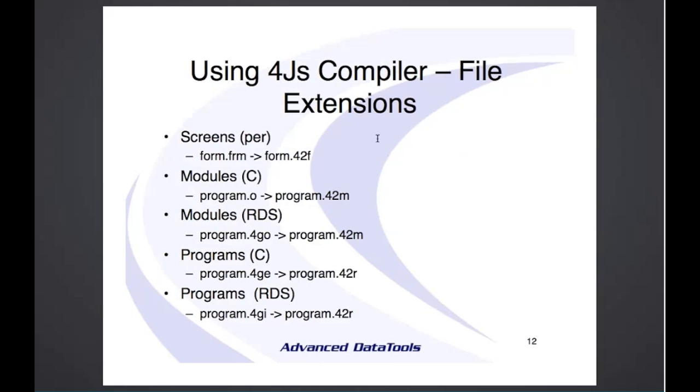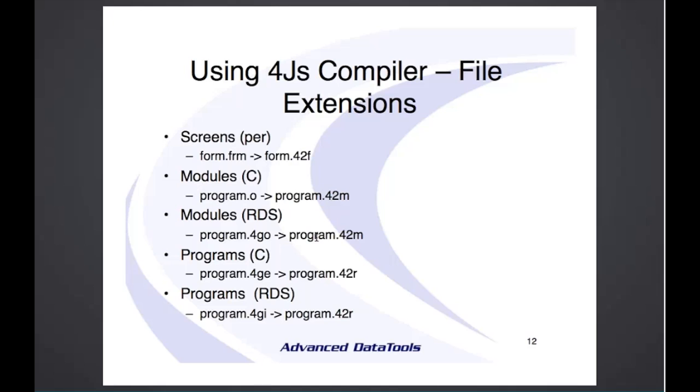Just as some background here, 4J's compiler uses slightly different extensions for the output. The input is the same. It's a .per for a screen. When you compile it in 4J's, it becomes a .42f as the extension. Your C code, instead of being a .o, becomes a .42m for your modules.